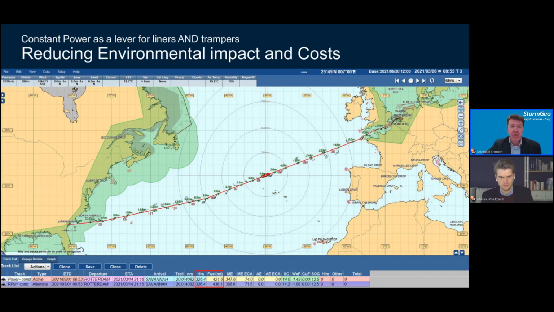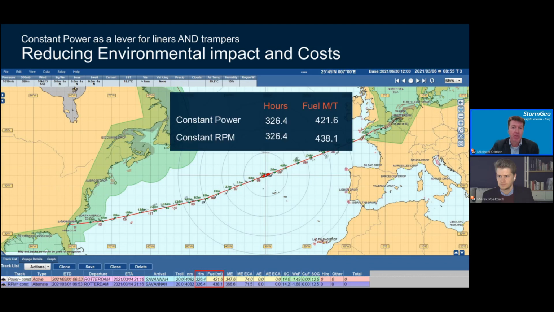That could then be illustrated here in a real world example on a voyage that came across from Rotterdam to Savannah, Georgia. In this case, the voyage was executed on a constant power regime, and we simulated what the results would have been from a constant RPM standpoint.